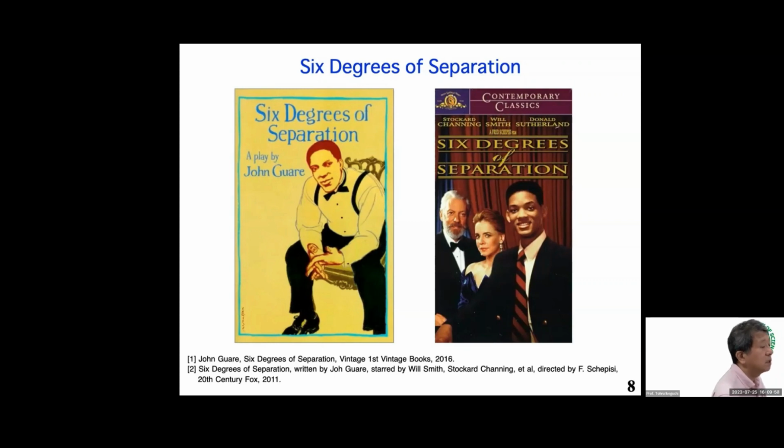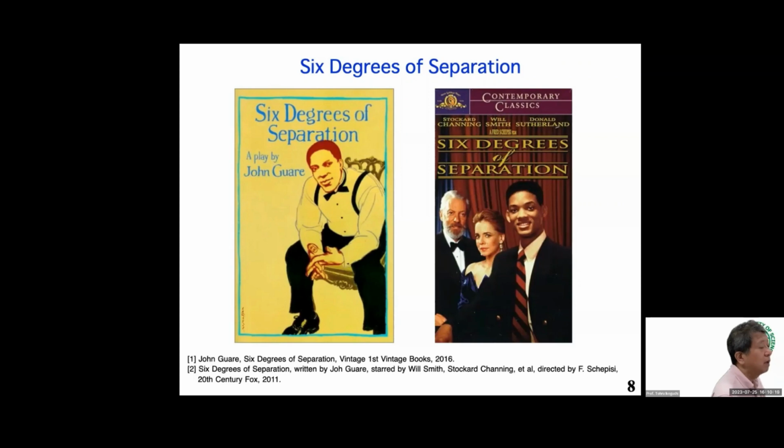This film starred Stockard Channing, Donald Sutherland, and Will Smith. So these results were received with great surprise.